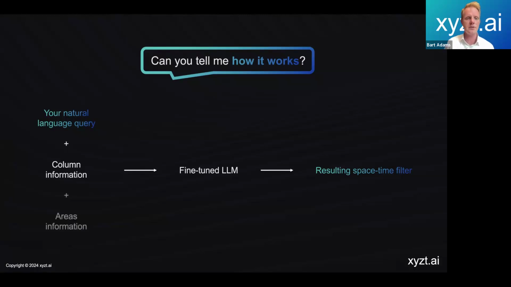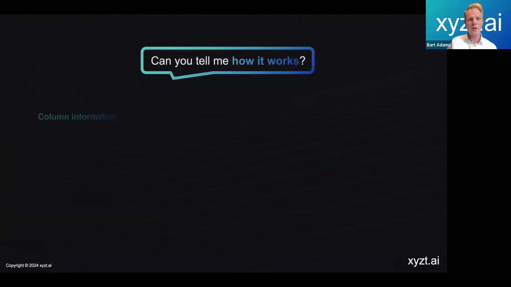And I'll give you some examples on the next slide. We combine that also with information about the different areas, which I mentioned during the demo, so that the AI knows which different areas exist in the project. So a few words about those two things. The column information is basically just the names and the types of the columns.